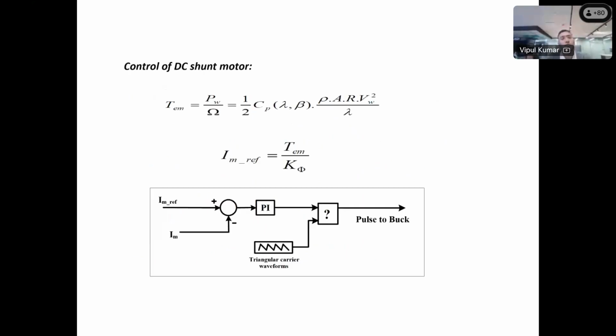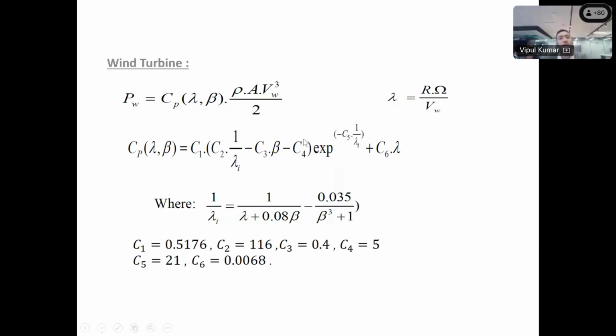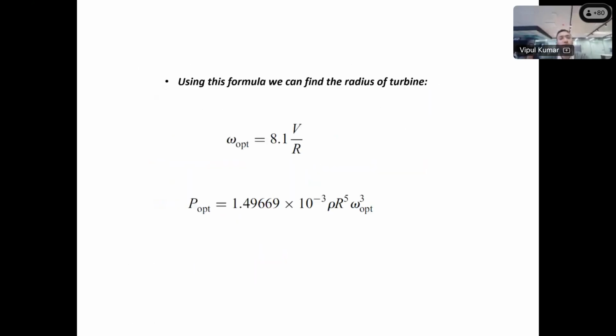For the DC motor, torque is I into K, where K5 is a constant we have calculated. So torque is proportional to the armature current. And from the wind speed, we get the power, which is torque into omega.